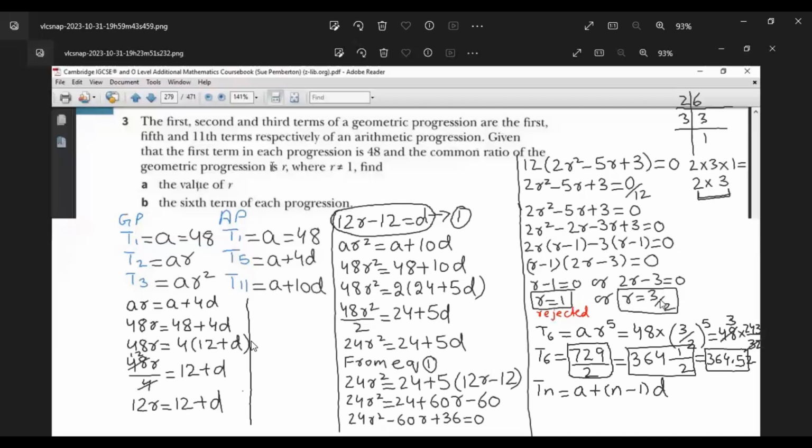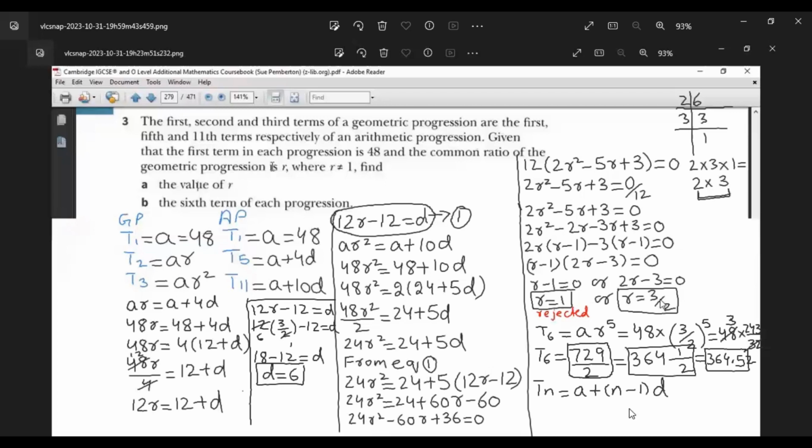The equation number one which we have got was 12R minus 12 equals D. So 12, R was 3 over 2, minus 12 equals D. When I simplify it, 2 sixes are 12, and when I multiply 6 with this 3, this will become 18 minus 12 equals D. So the value of D will be 6.